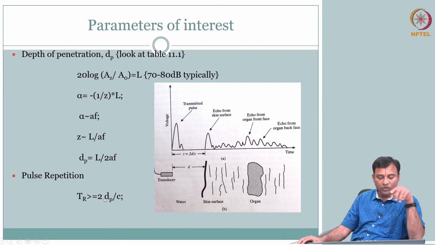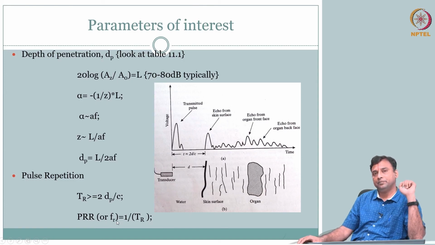Of course, more commonly we can also write this as pulse repetition rate, which is 1 by TR. So this is a very important parameter that is going to dictate how fast you can send the next pulse. So if you fix pulse repetition rate, in some sense you are determining how deep you want to listen. Okay.